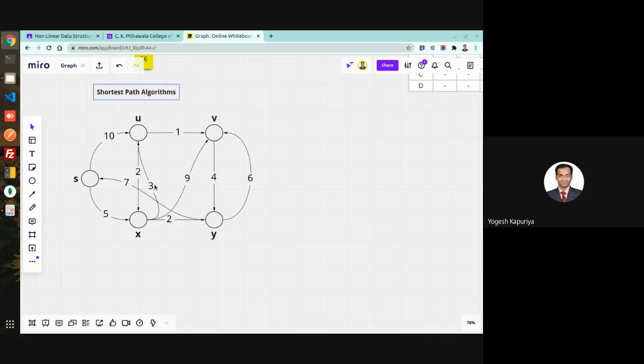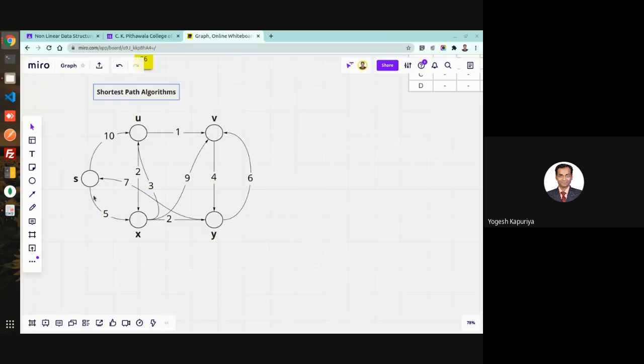So 5 plus 3 is 8. That means the shortest path from S to U is SXU, right? So shortest path doesn't mean that you want to minimize the number of edges. Our objective is to minimize the total weight of the complete path which connects two vertices.